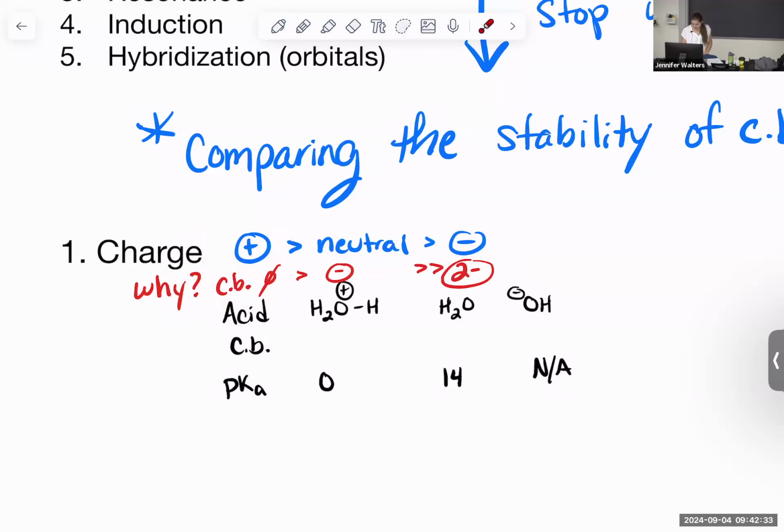So when I look at these, the pKa of my hydronium ion, H3O+, is 0. Its conjugate base is water, that is neutral. The conjugate base of water is hydroxide. The conjugate base of hydroxide is oxide. So water, or the hydronium ion making water, is going to be the most acidic.